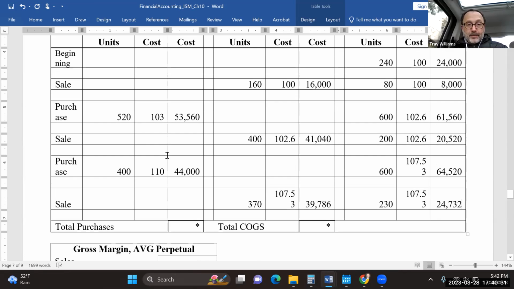Now we can add up and we get our total cost of purchases. That's 97,560. We can get our total cost of the goods that we sold.